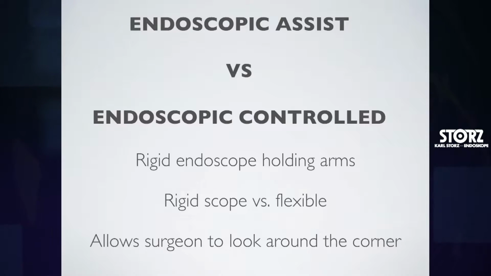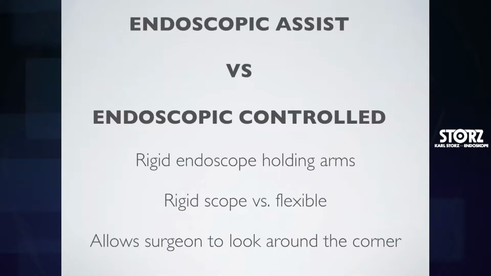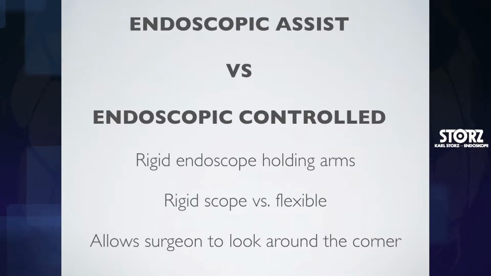I use different angled scopes in this kind of setting, particularly for getting underneath certain areas, looking around the corner. I worry about the flexible scope in these settings, how to get that flexible scope back out, and you can really cause damage. This is something we're always worried about: getting in and getting out are the riskiest times for these scopes, especially under the microscope. Because you're looking under the microscope, and then you have your endoscopic screen.